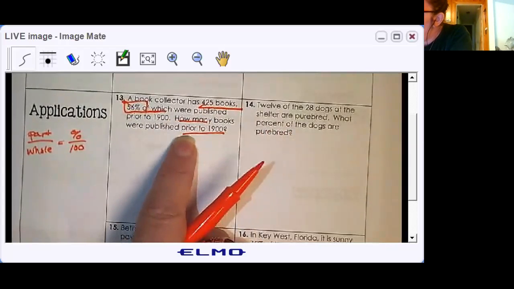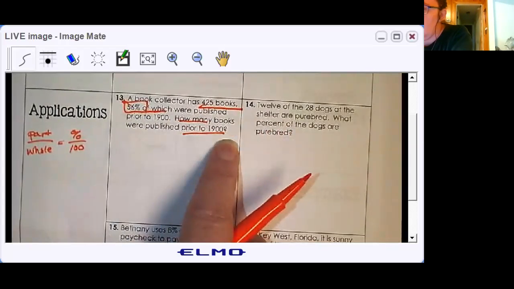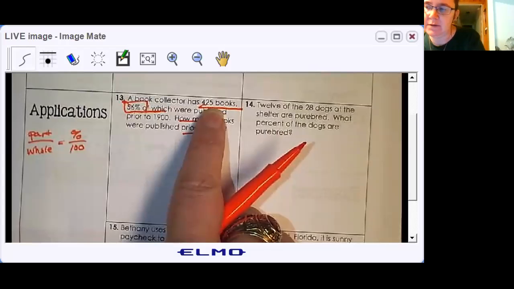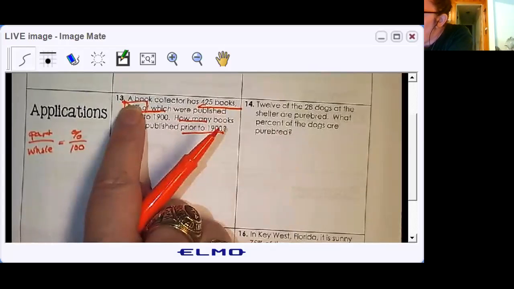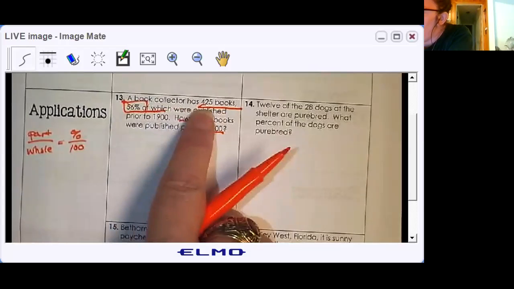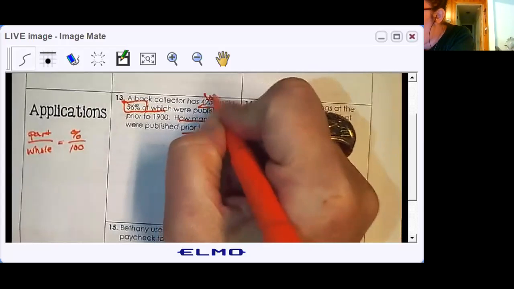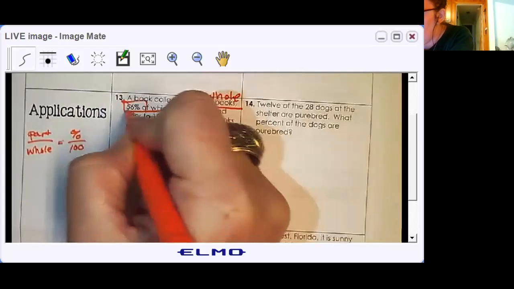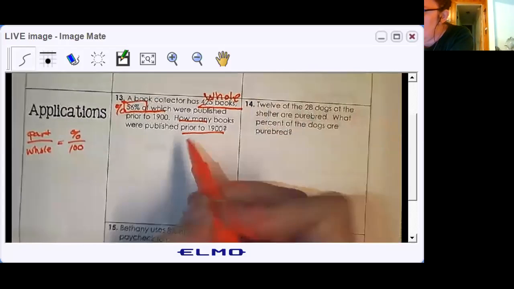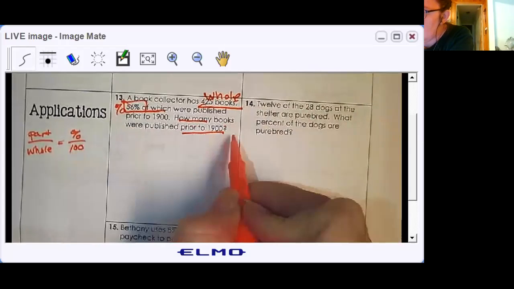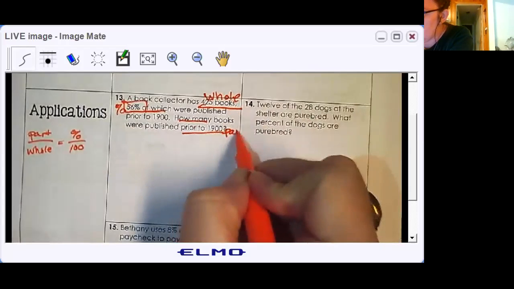How many were published prior to 1900? Well, the first question is, is this the total number of books he has or part of what he has? Let's see. A book collector has 425 books. That's all the books he has. That's your whole. The 56% is our percent, and how many were published before 1900, that's your part.